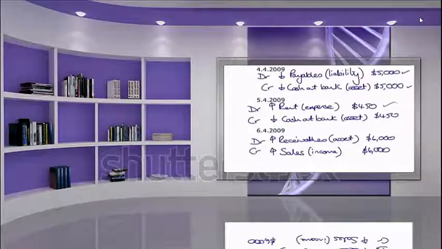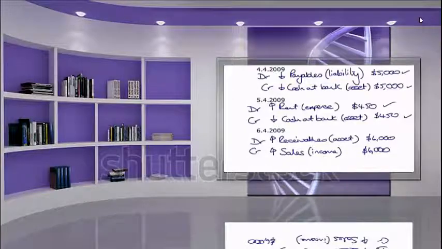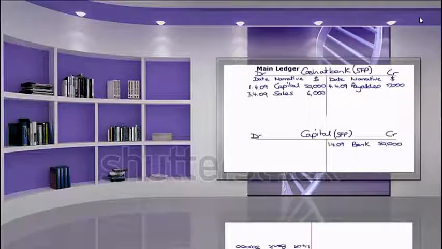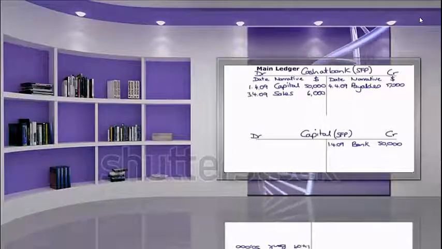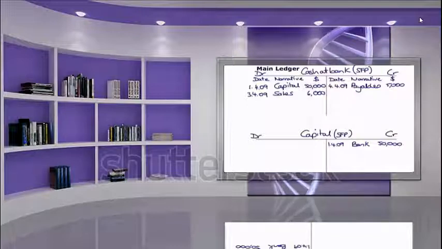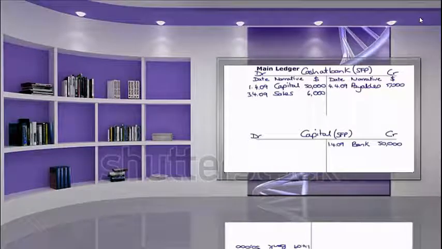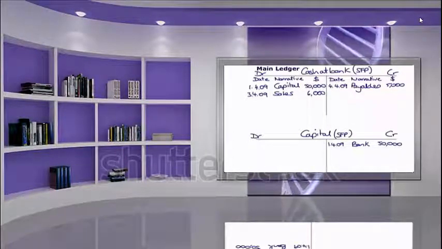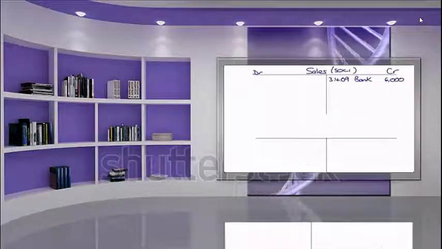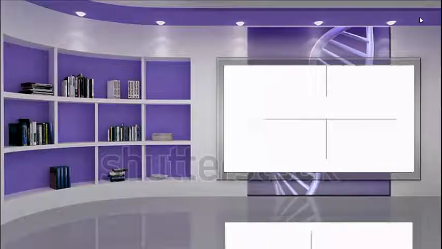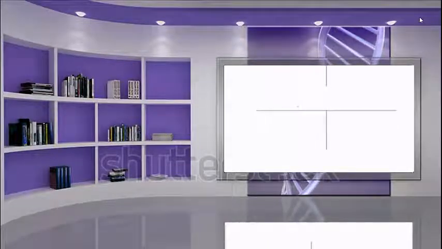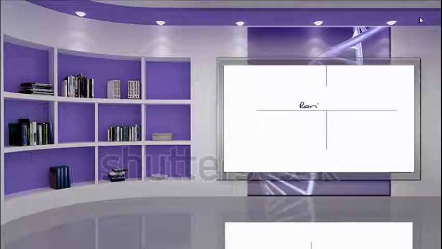So again, make sure you tick off those amounts. 450, we're going to post them to the ledger. And going back to our ledger accounts, our debit entry will go to the rent expense account. We haven't opened that account up yet, so let's do it now. So just after our sales account, we're going to open up a new T account called Rent.